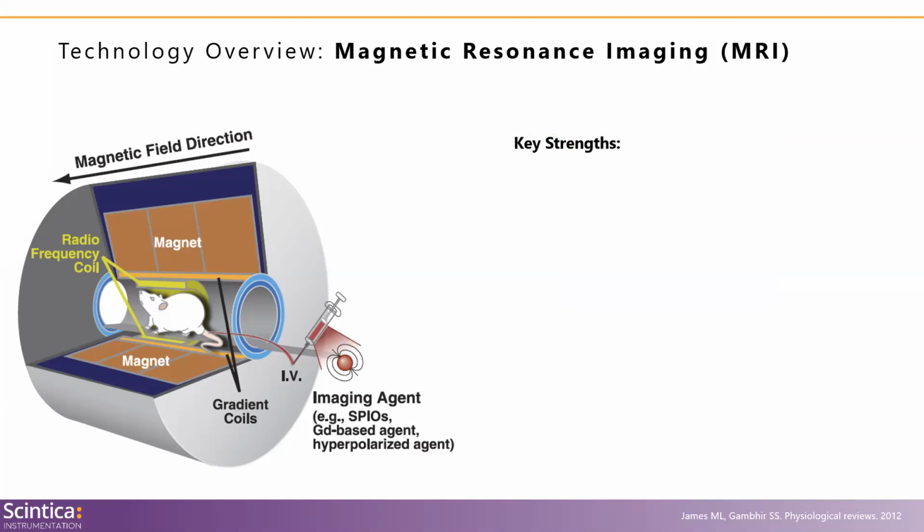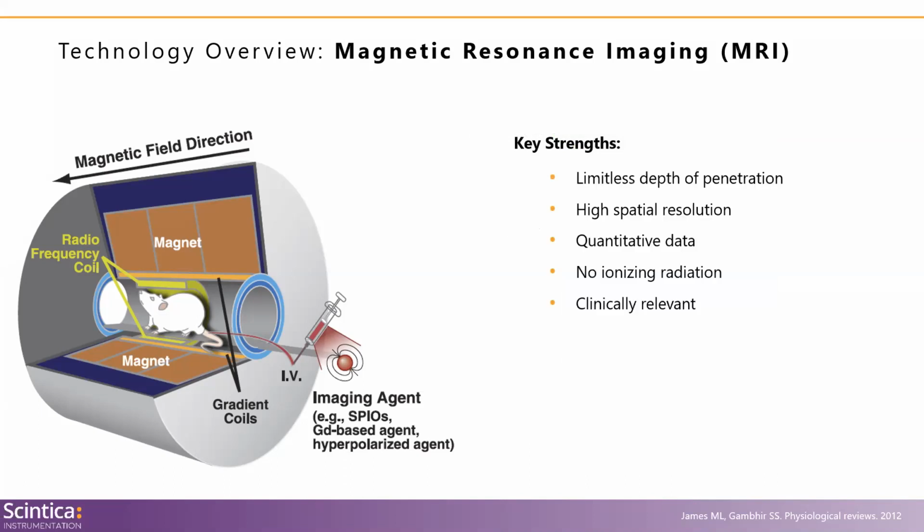MRI has a number of important advantages compared to other imaging modalities that we'll talk about later. One of the most valuable is the unlimited depth of penetration, so you really can image essentially any tissue within the body. It has high spatial resolution. It's very quantitative, so concurrent collection of physiological or metabolic data is possible. Another important advantage is that it doesn't use ionizing radiation.